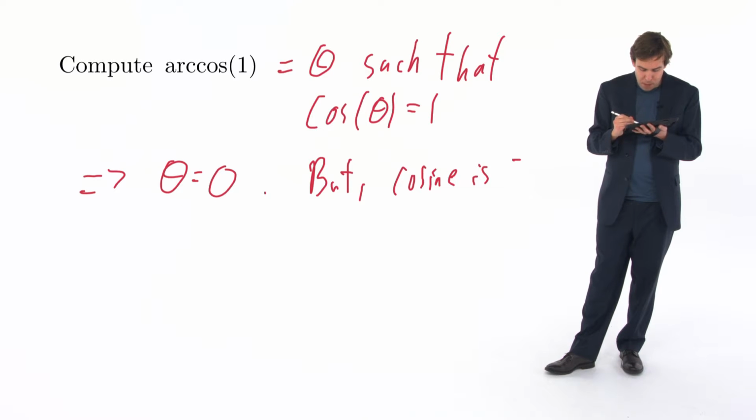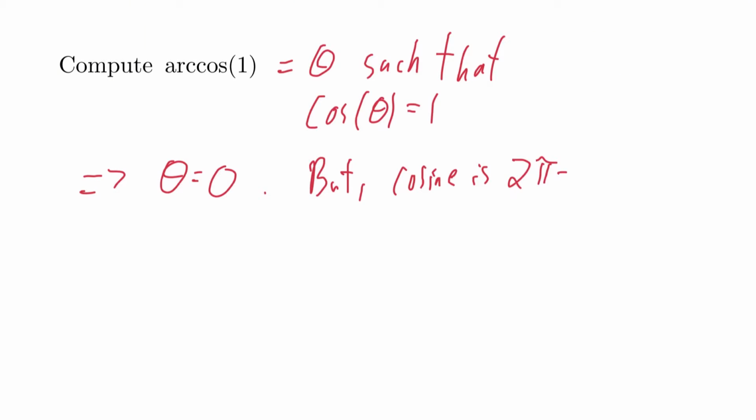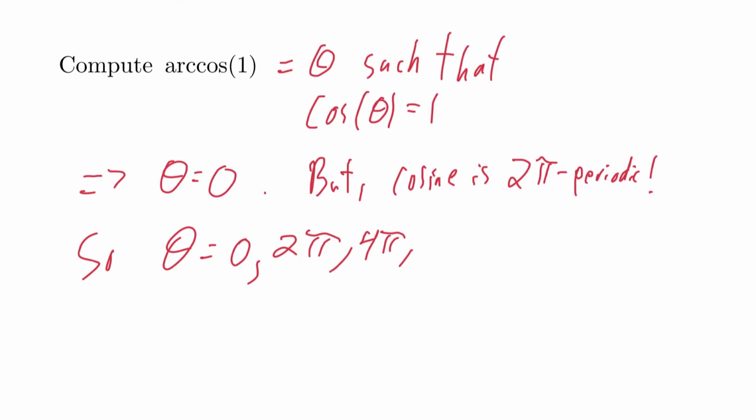In fact, it is 2 pi periodic. So I can use 2 pi, 4 pi, 6 pi, or really I can write it compactly as 2 pi times k for k an integer.